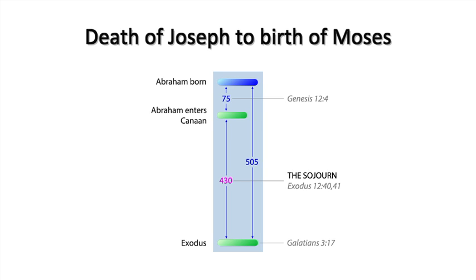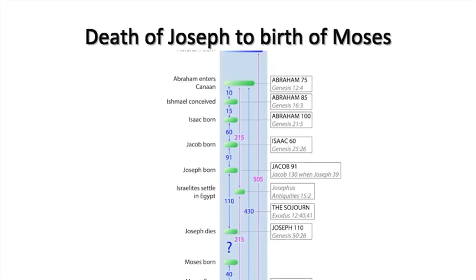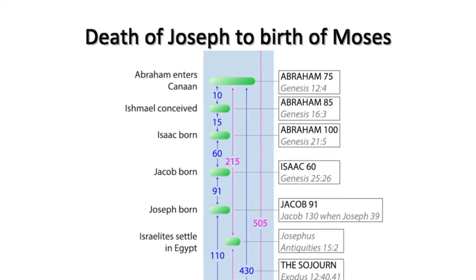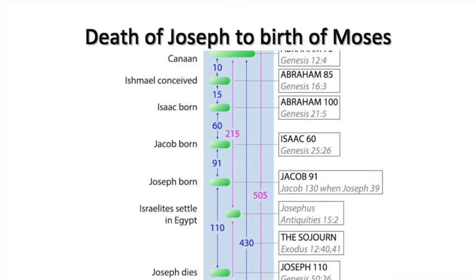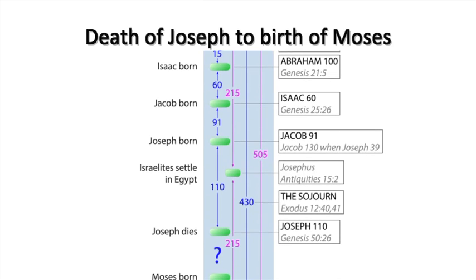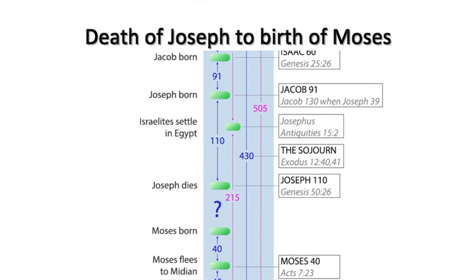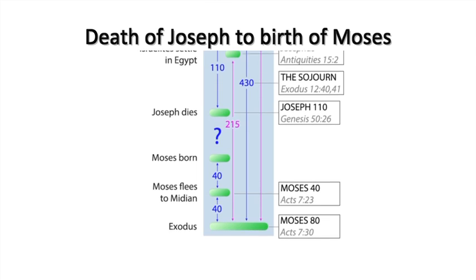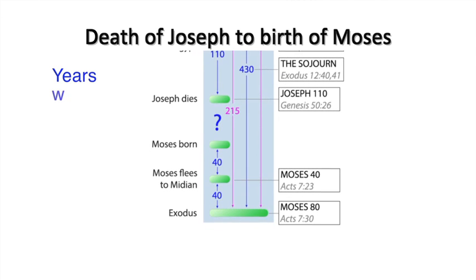If we add up all the separate times that we know in this time period of 430 years, we get 10 years, plus 15 years, plus 60 years, plus 91 years, plus 110 years, plus 40 years, plus 40 years, making 366 years. This includes all the times except the unknown time, but the total time is 430 years.